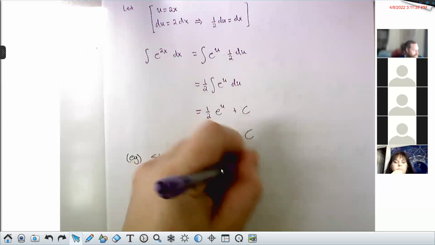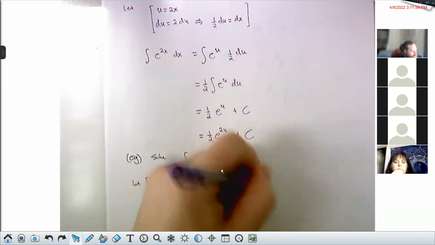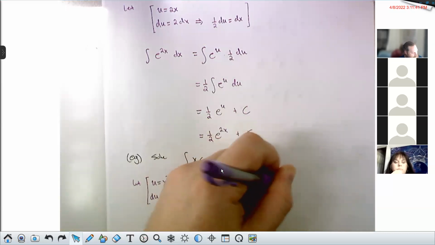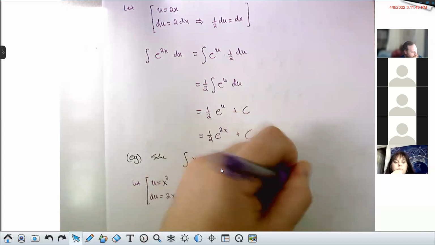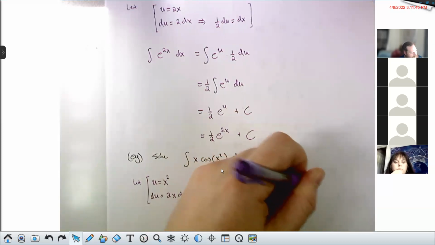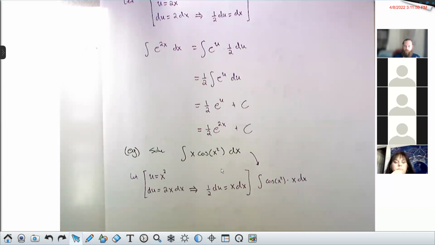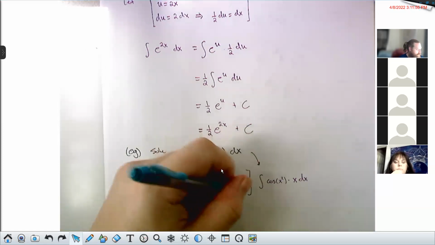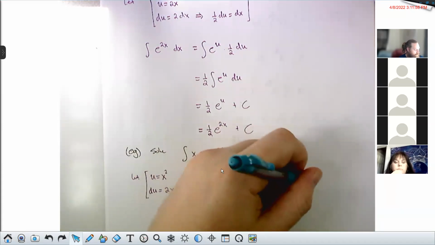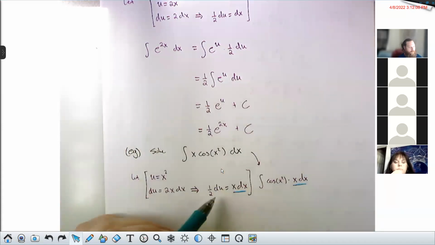And then I'll rewrite this integral as the integral of the cosine of x squared times x dx, just moving the x from the front to the back. It's all multiplication, of course, that's okay. And the magic is that x dx is 1/2 du.